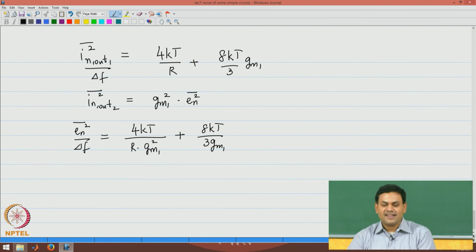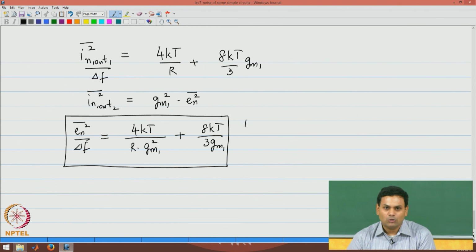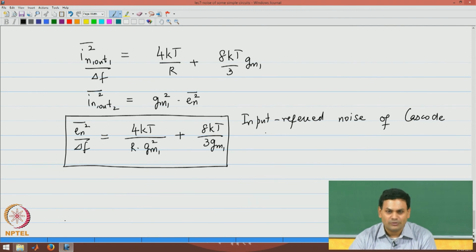As you can clearly see, the noise from the cascode appearing in the input referred noise source is very small. The cascode increases the output impedance, but it contributes very little noise to the output, especially at low frequencies.